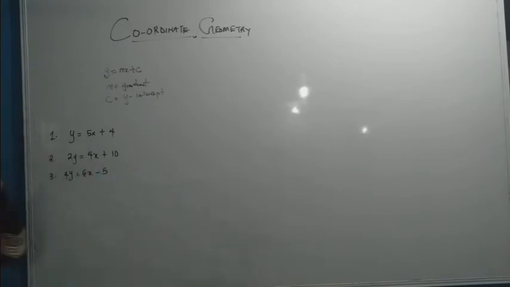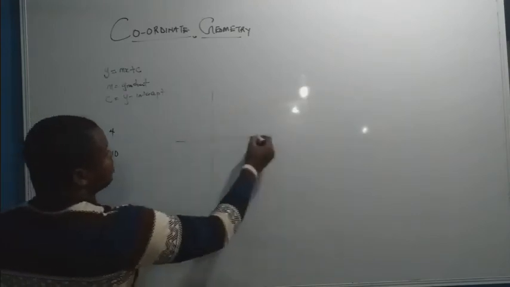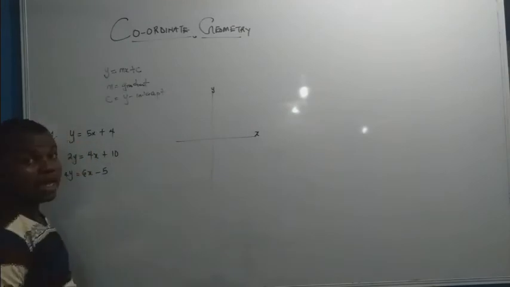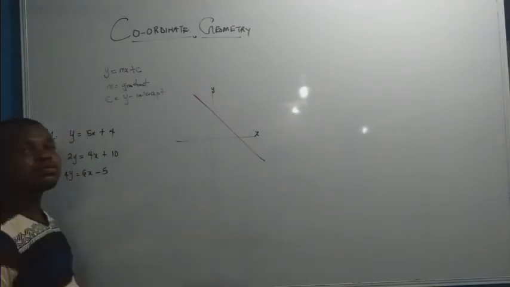So you are given this question and you're asked to calculate or find the gradient and the y-intercept. And some might be wondering what the meaning of y-intercept is. So if you have your axes like this, this is your y, this is your x, and a straight line crosses the axis.